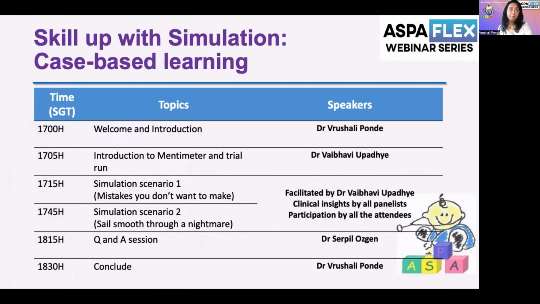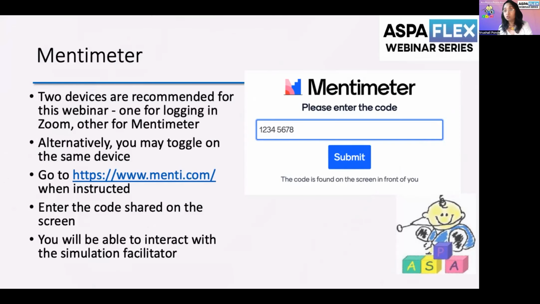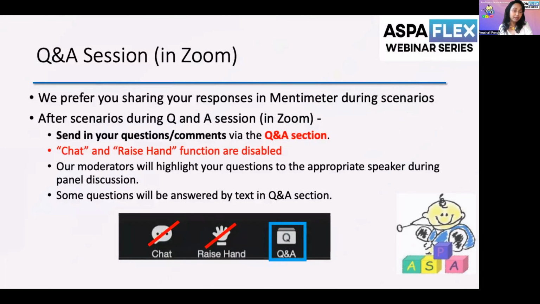Mind you, it is my job to remind you again, please keep two gadgets ready. One is your cell phone and another is, of course, a laptop, so that the cell phone can work with Mentimeter, and she's going to very smoothly take you through this. And of course, we are going to have two cases to begin with, and those are extremely intriguing, and that I'm sure is going to keep you on the edge.